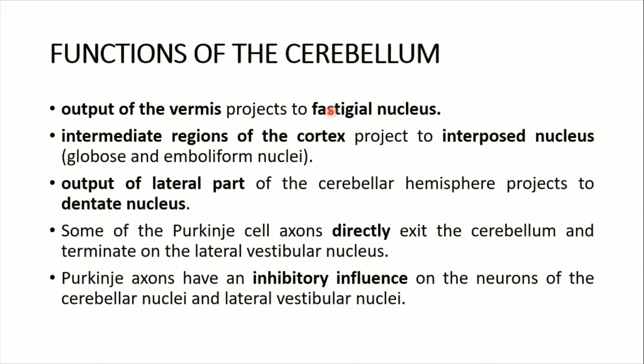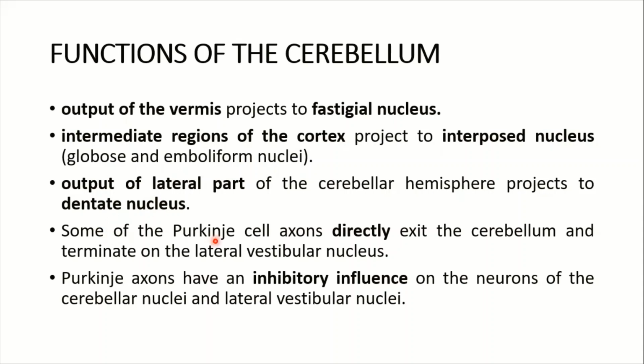Of course, this is the medial-most nucleus. Intermediate regions of the cortex project to the interposed nucleus. These are the two nuclei together, interposed nucleus: globose and emboliform. And the lateral-most nucleus is the dentate; the output of the lateral part of the cerebellar hemisphere projects to the dentate nucleus.